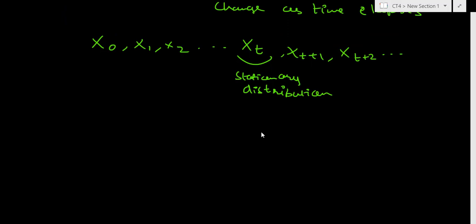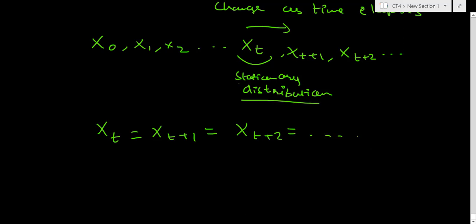So the distribution of this Markov chain would remain the same after time t. So xt would be equal to xt plus 1, which would be equal to xt plus 2, and so forth. Once the Markov chain has attained a stationary distribution, the distribution will continue to remain the same.